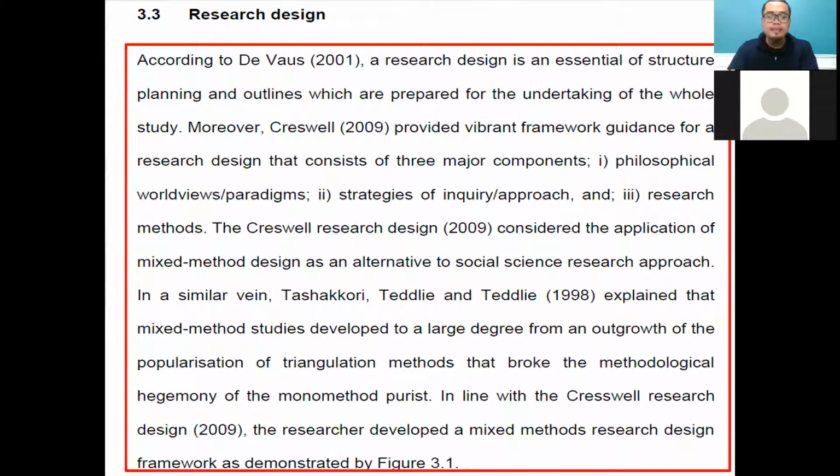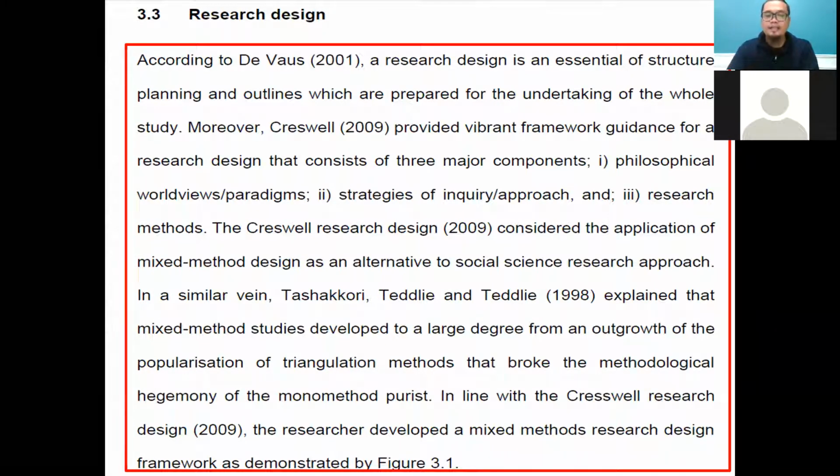If you are not studying mixed method, then citing Creswell's research design in this way is not right. Why would you highlight mixed method if you don't use it? In this case, Anwar highlights mixed method design because they want to use it, and they point out that Creswell's research design is suitable for mixed method research too.